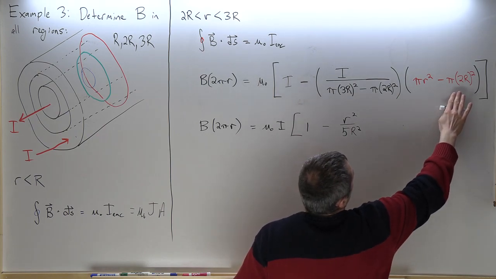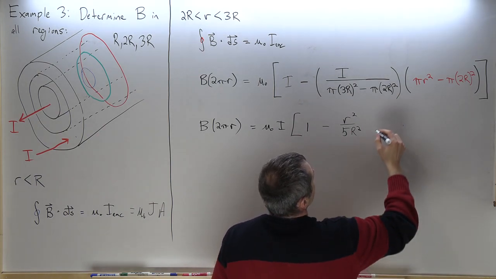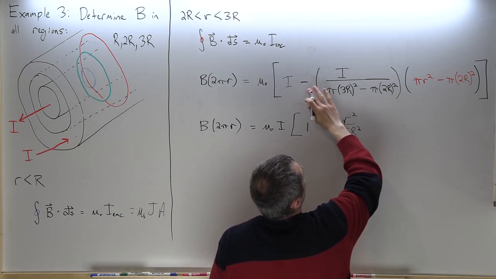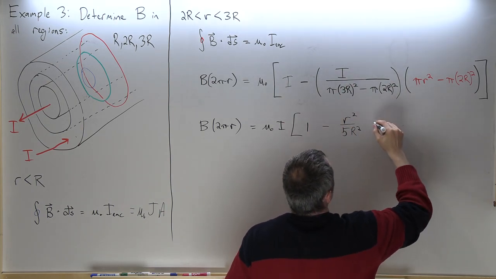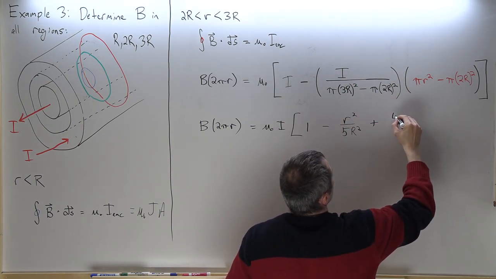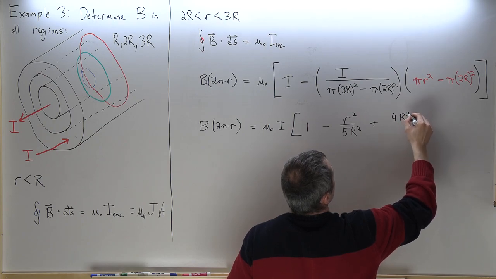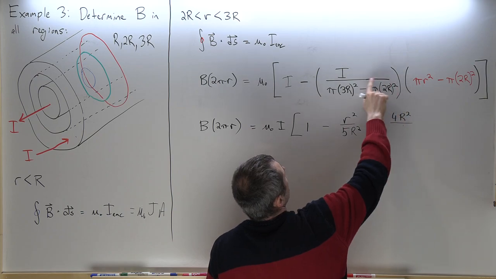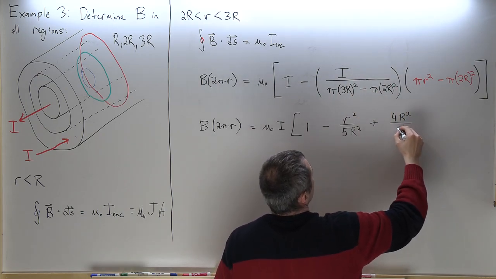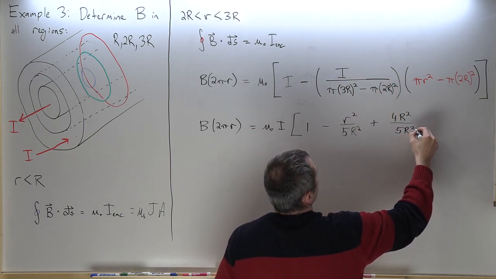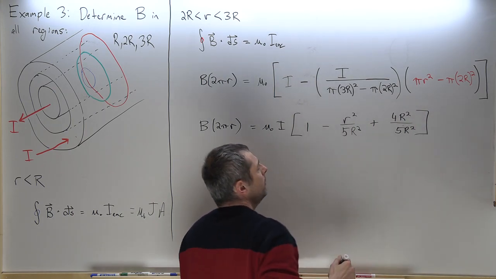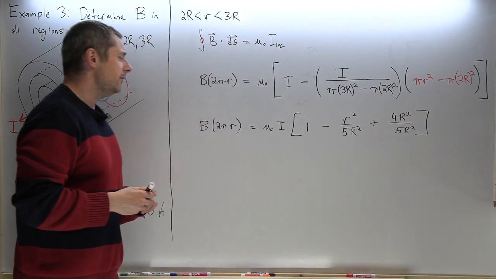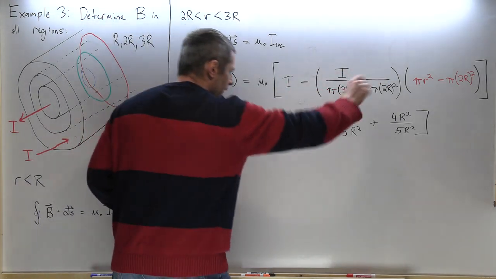And then 4r squared. And we've got minus minus, which will make a plus. So you see just a lot of details to keep track of, easy to mess up. And then over here, this is again 5r squared. So hopefully I didn't make any mistakes, simplifying all those parentheses.